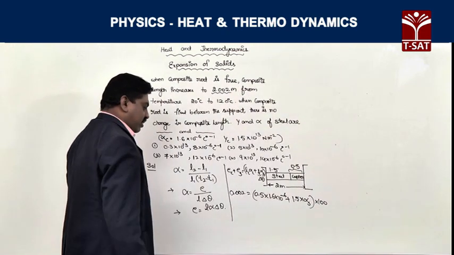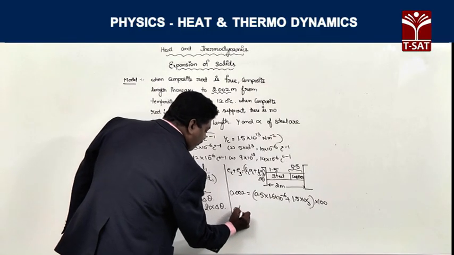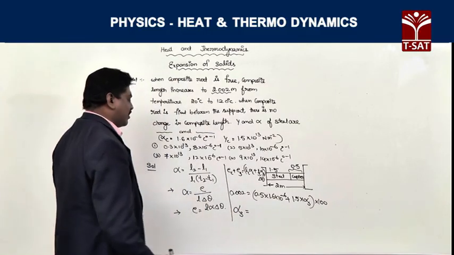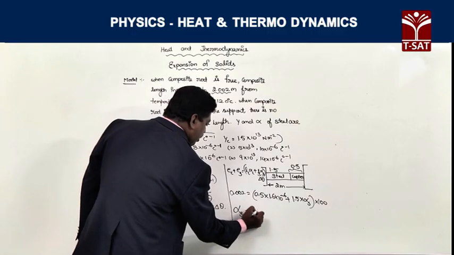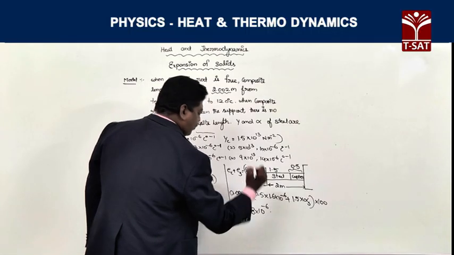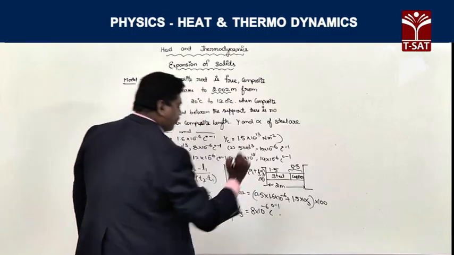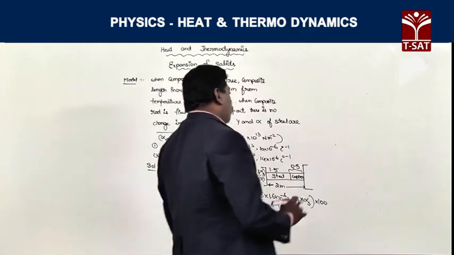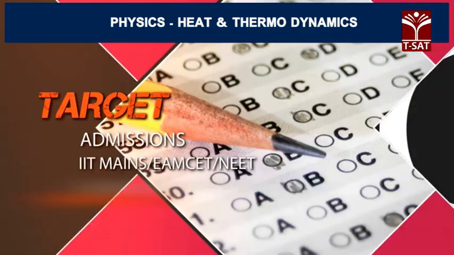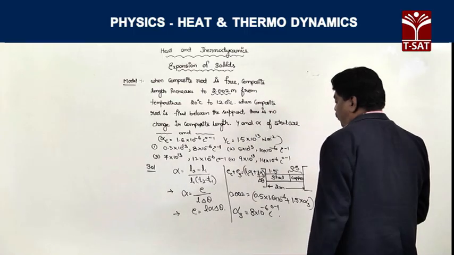On simplifying this, we get alpha of steel as 8 into 10 to the power of minus 6 per degree Celsius.